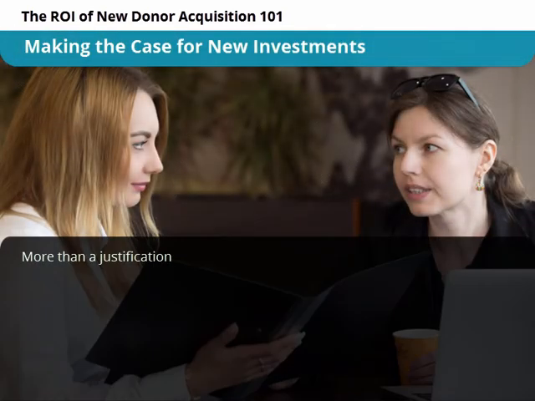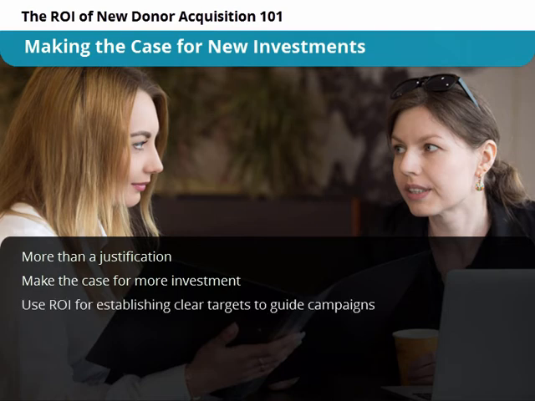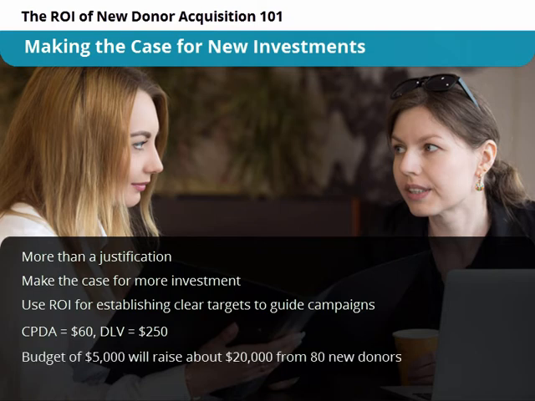But this is more than simply justifying to the board what you've already done. It's about being able to make a case for them to approve another, even larger investment in attracting new donors. That is where your ROI analysis comes in. You explain that if your next campaign has the same CPDA of $60 and the same DLV of $250, then a budget of $5,000 will raise about $20,000 from 80 new donors.